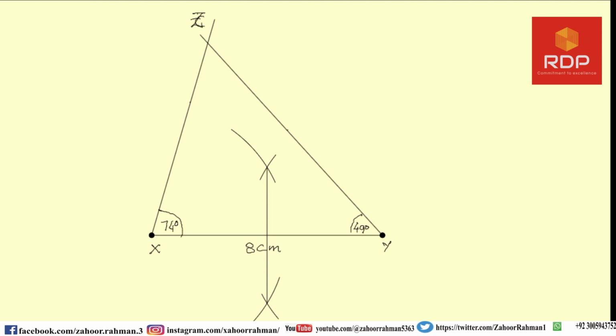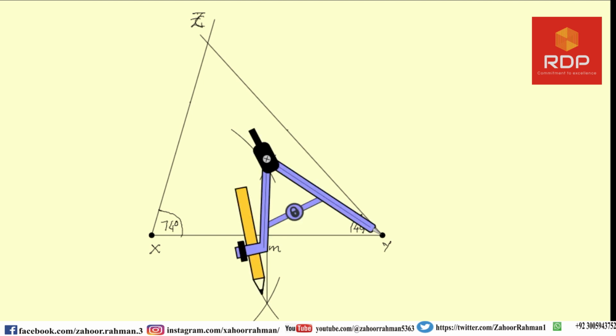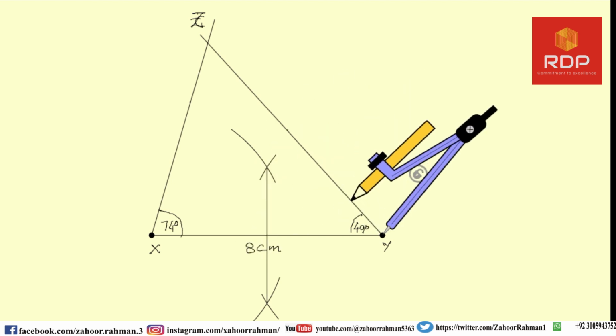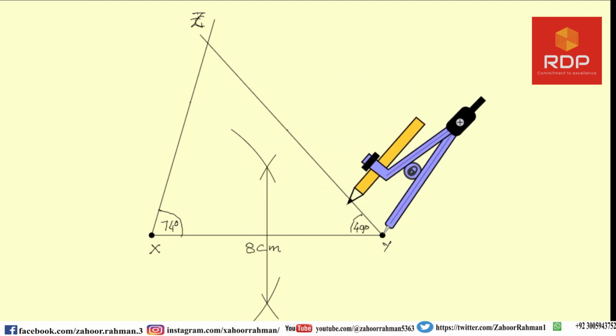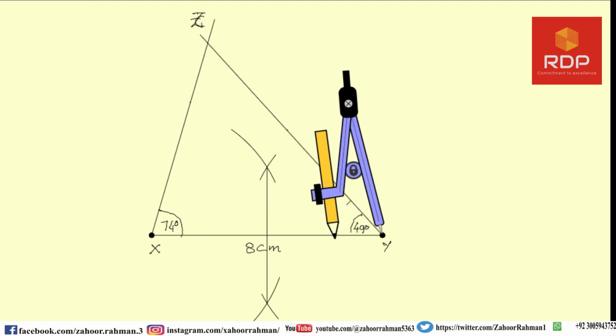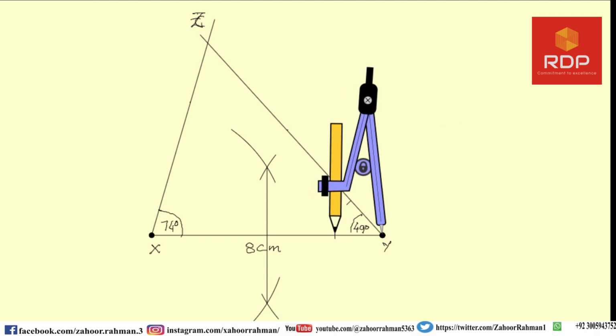Now, in the second, they are saying construct the angle bisector of XYZ. So, let us construct the angle bisector, and let me draw first a small arc here, and the second one is here.